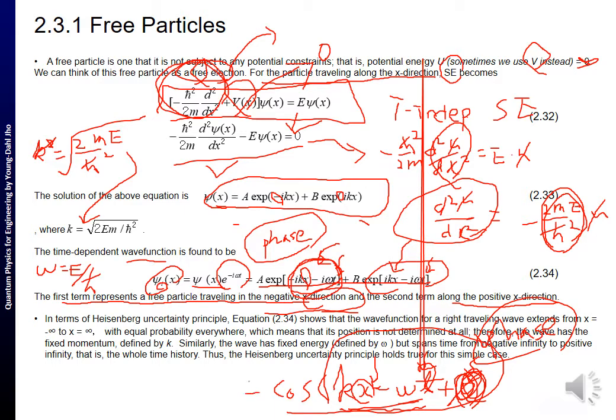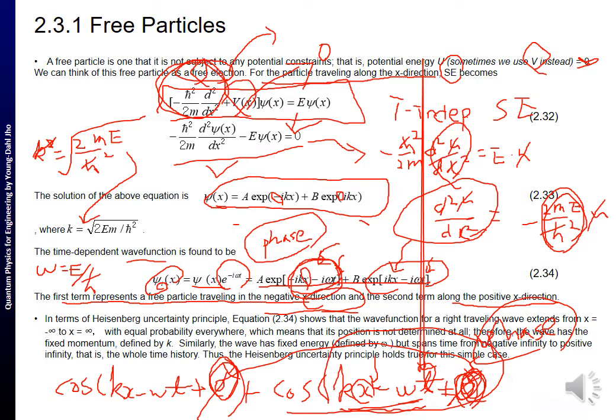We will discuss these concepts many times. If you have an additional wave which has a different phase, and then we sum them up, this is something called superposition in mathematics.